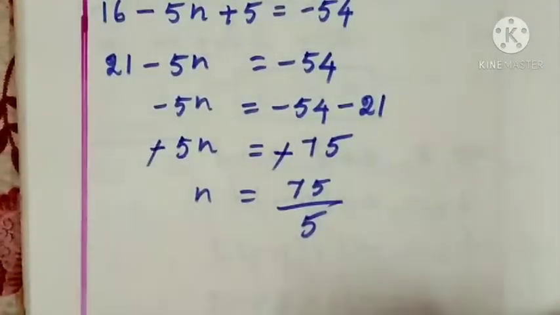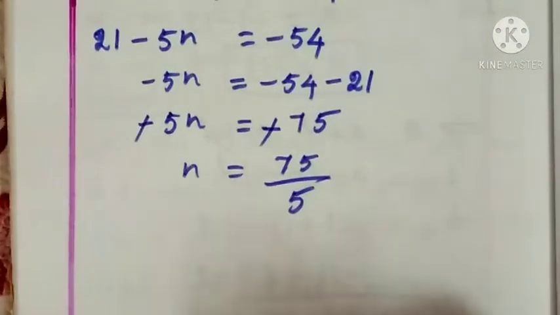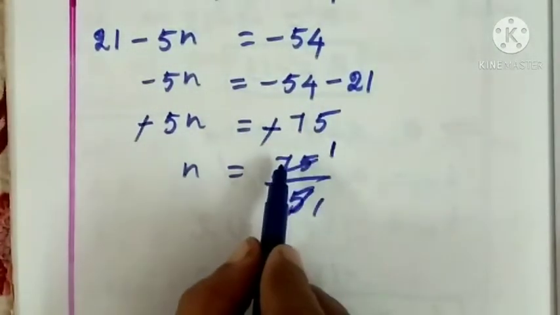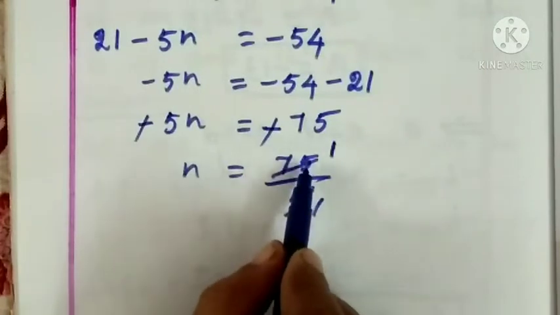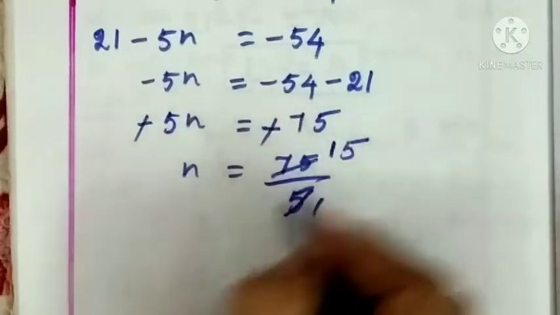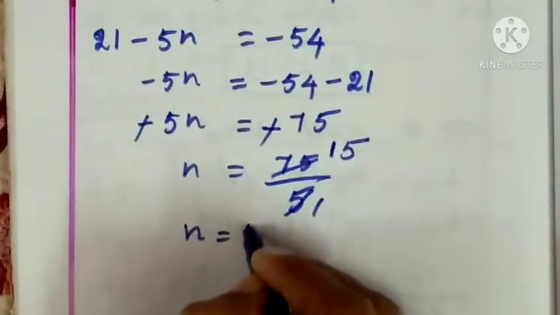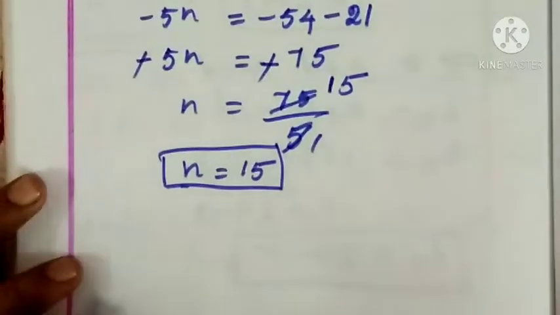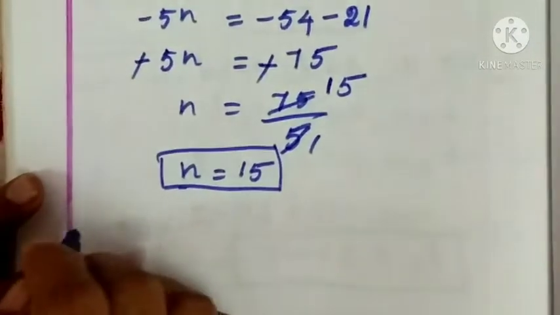Now you have to simplify this, means we get 1 5 is 5, 1 5 is 5, remainder 2, 5 5s are 25. Therefore, the value of n is equal to 15. Now, you have to take down and write the answer.